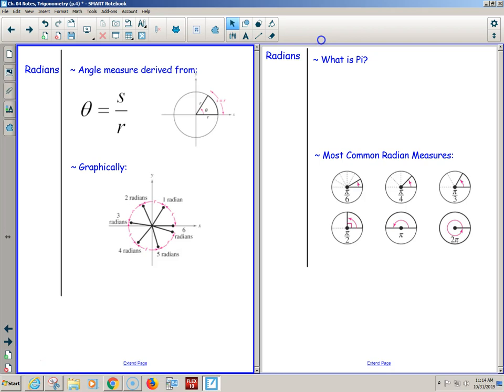But if I was to say something to the effect of 250 degrees, would you be able to find that? Yeah. Why? Because you're used to it. You've learned for a long time now that how many degrees is in the corner of your page if your page is nice and at a right angle? 90, right? And that makes that 180, and that makes that 30 and 45 and 60. For some reason, degrees make more sense.